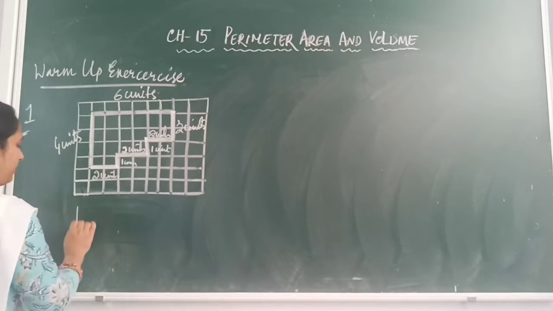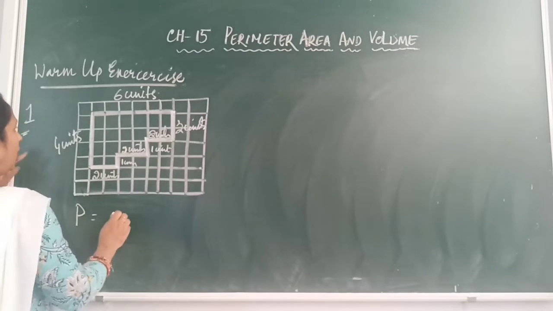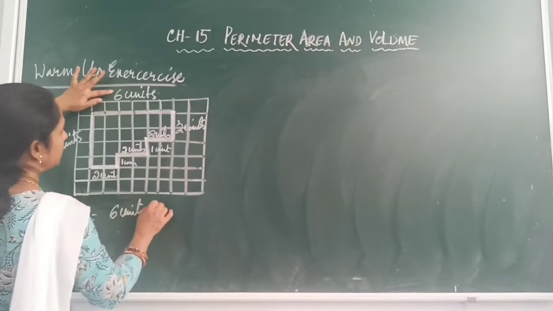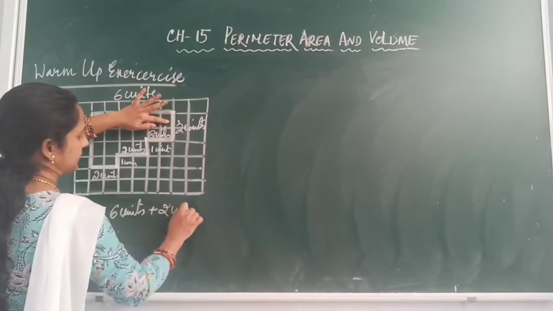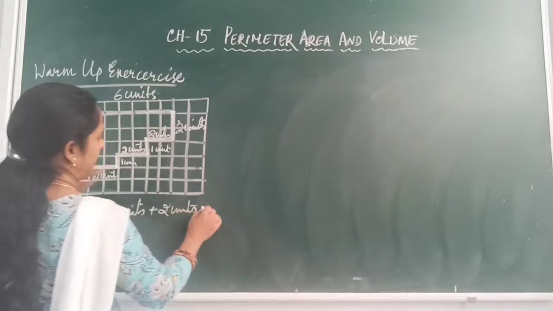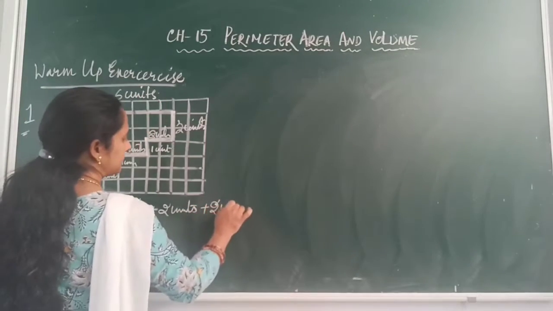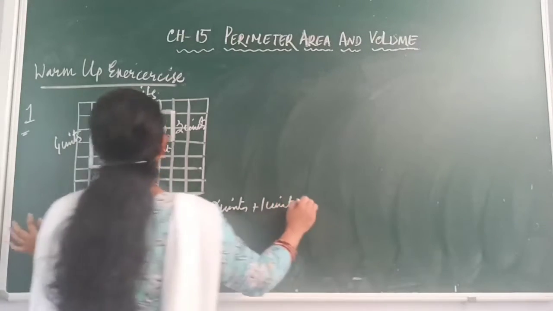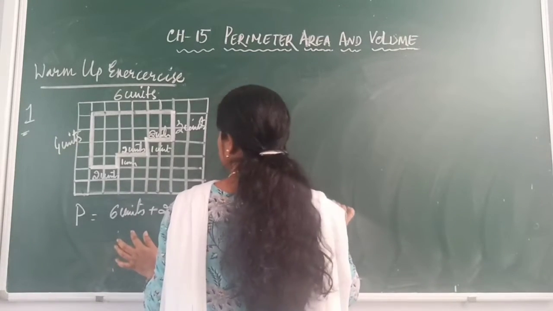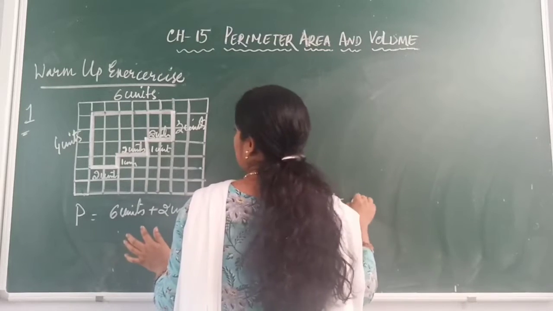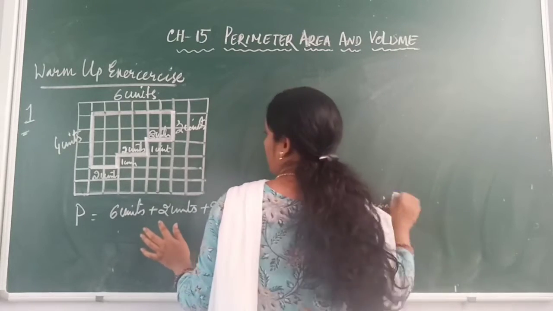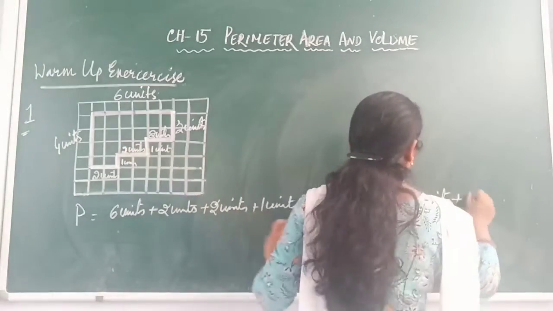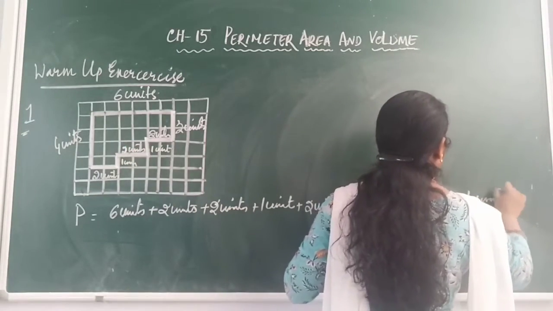Now just write down, perimeter is equal to how much? Start from here. 6 units plus 2 units plus 2 units plus 1 unit plus 2 units plus 1 unit plus 2 units, and finally we have the 4 units.